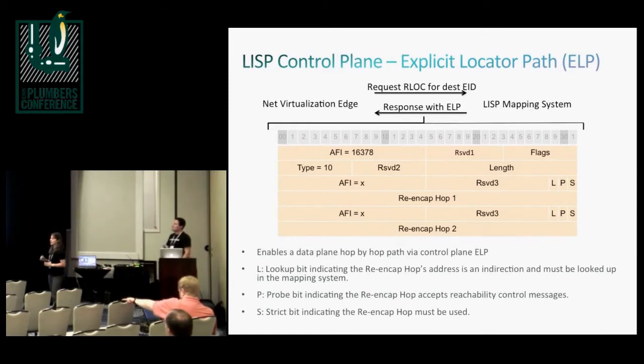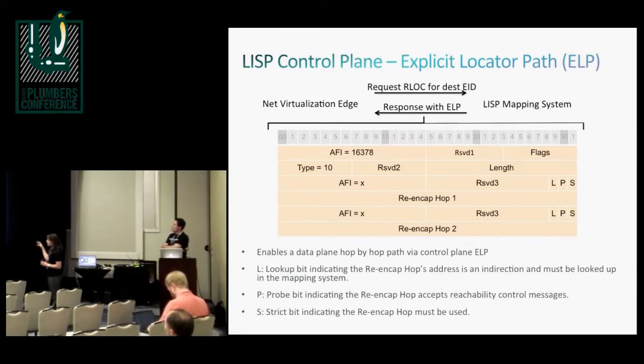For instance, you would say for these particular prefixes, you have to go through a firewall and a NAT or whatever. And then each agent on the virtualization edge would get the entire path when it has a packet matching that destination. And then in the data plane, it will only program the next hop for itself.